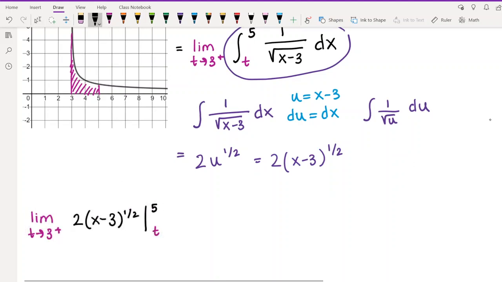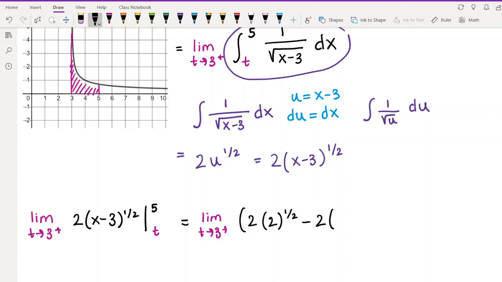So that's going to be the limit as t approaches 3 from the right. The first one will plug in 5, and we end up with 2 times (5 minus 3) to the 1/2, minus 2 times (t minus 3) to the 1/2.